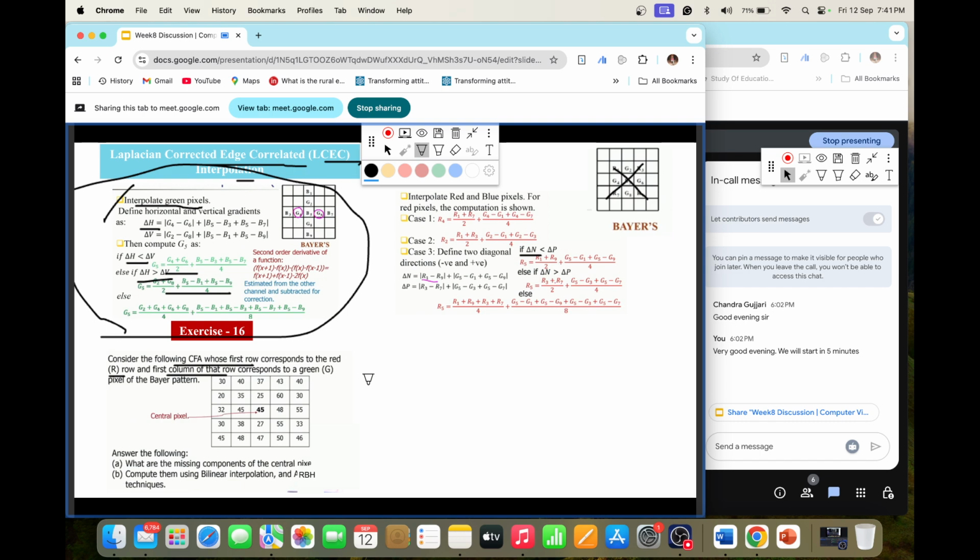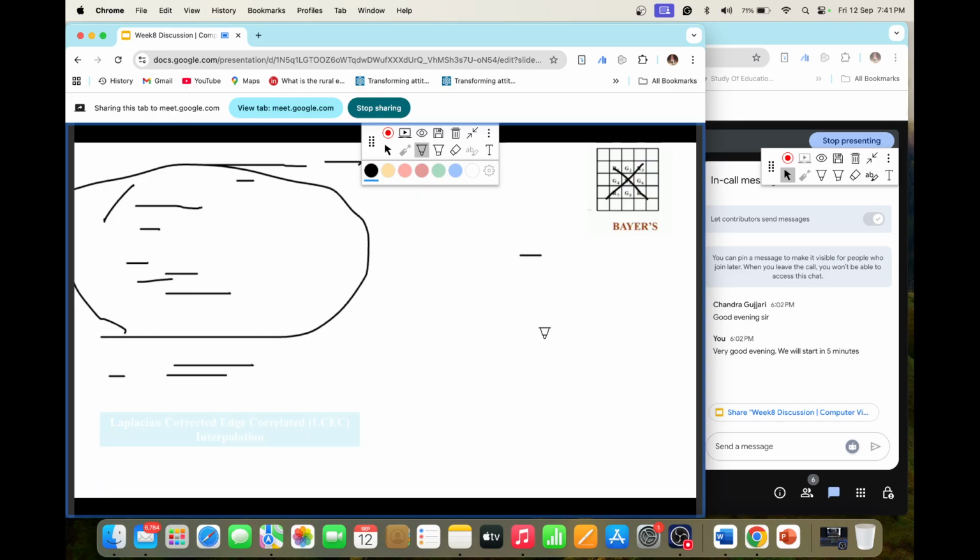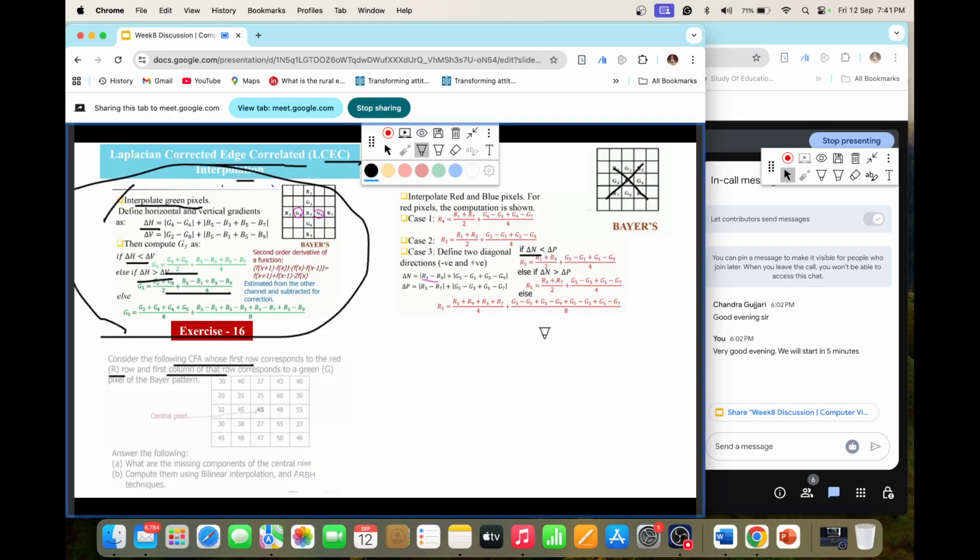What are the missing components of the central pixel? Compute them using bilinear and ARBH techniques. Bilinear is this interpolation, ARBH means averaging red blue hue interpolation. So these two techniques you have to use to compute the central pixel.